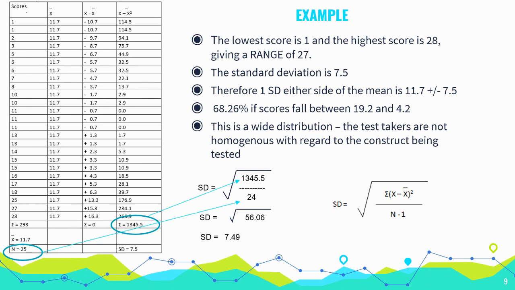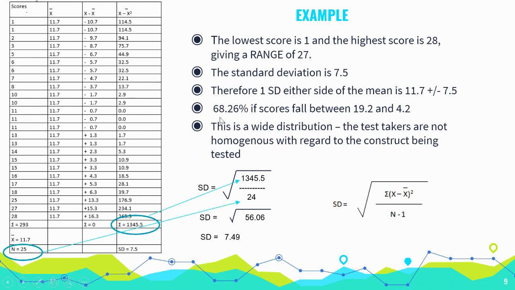Now, this is the standard deviation, and it tells us how the scores are distributed around the mean. So, come back to our example again. We saw that the range is 27. The standard deviation is 7.5. Therefore, one standard deviation either side of the mean is 11.7 plus or minus 7.5.